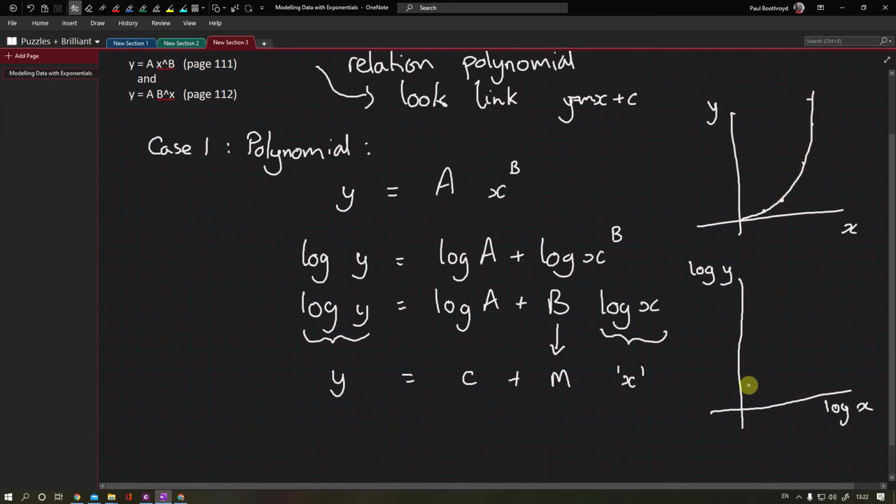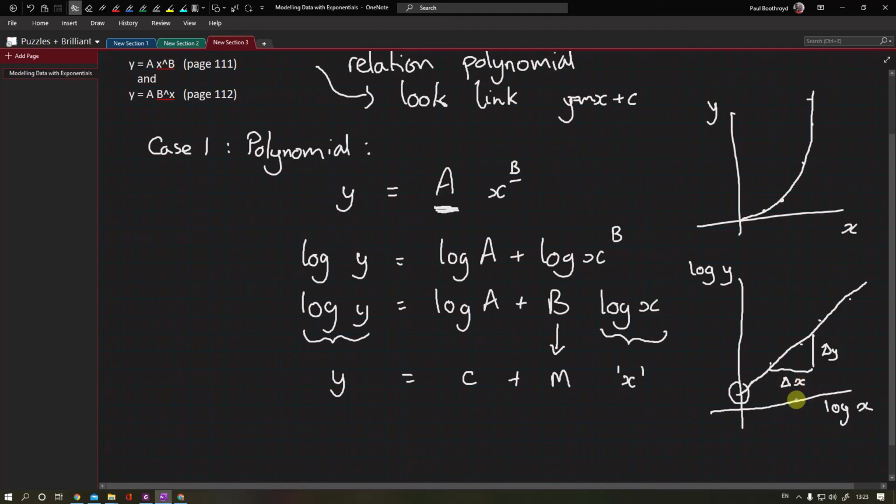What seems to happen is you get some points which seem to be quite close to a straight line, so you approximate it using your stats1 module into a line y equals mx plus c. The c value tells me the log of the coefficient we're multiplying by, and the gradient tells me directly what the power is. So I measure the gradient for this graph, the change in y over the change in x.